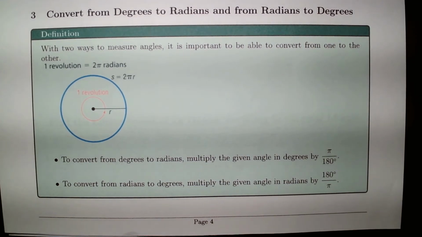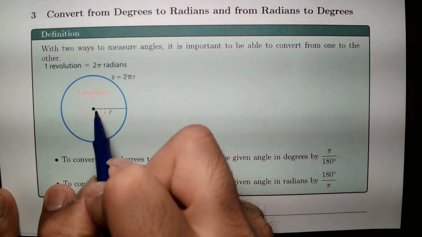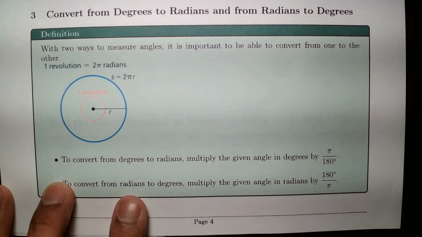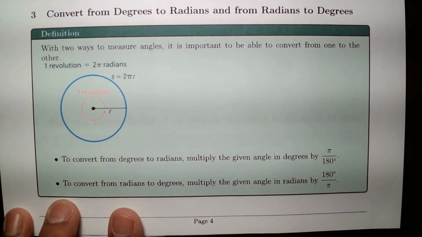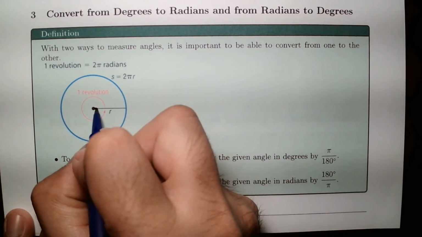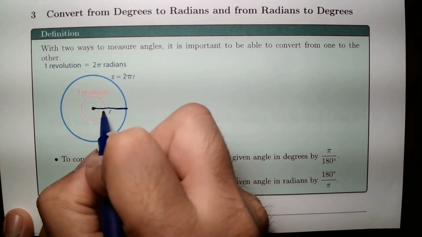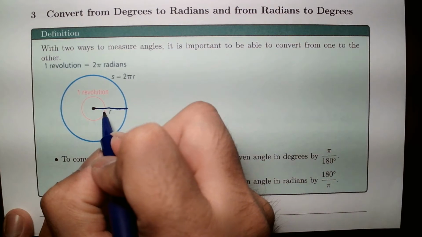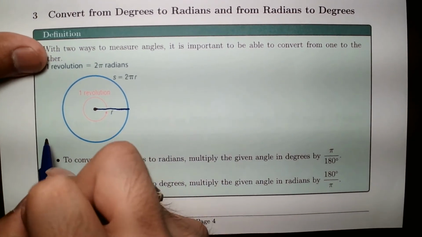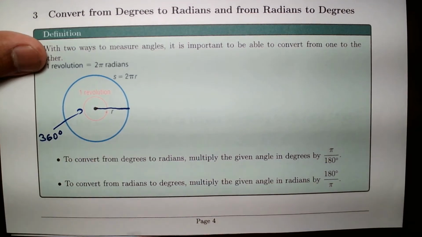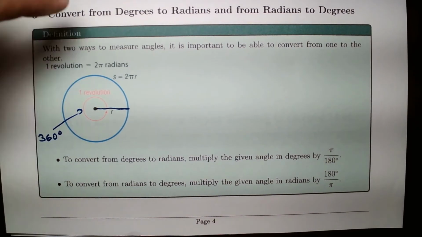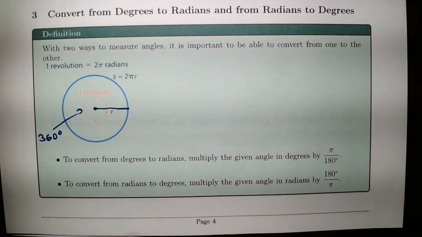Well, for example, this is our initial side. This is essentially doing an entire rotation. That is, this means a 360 degree angle, right? That's what a whole rotation is.